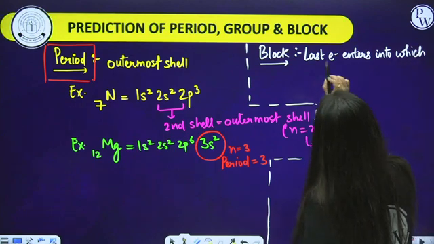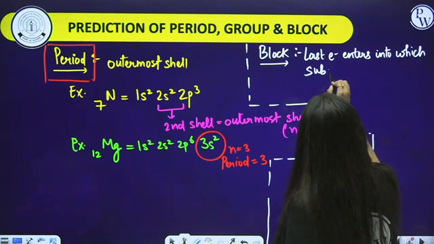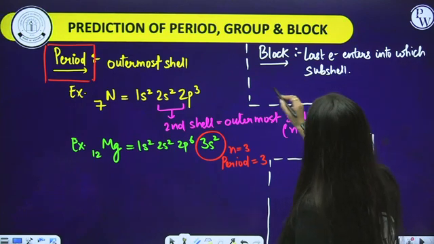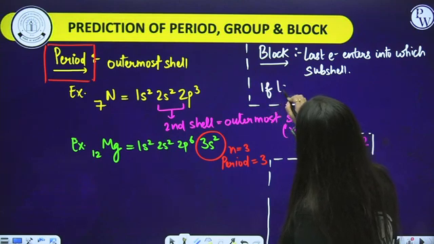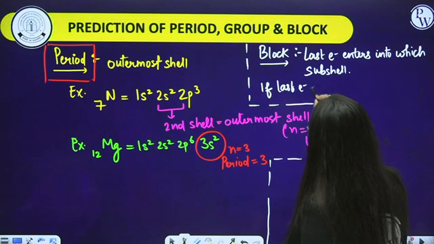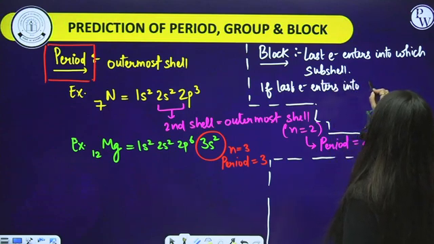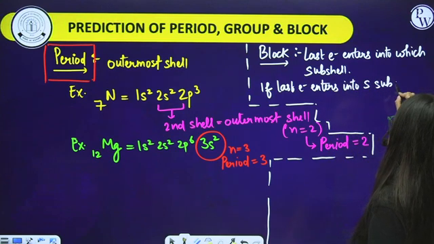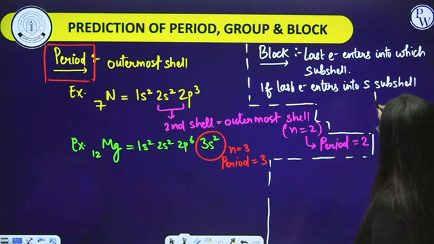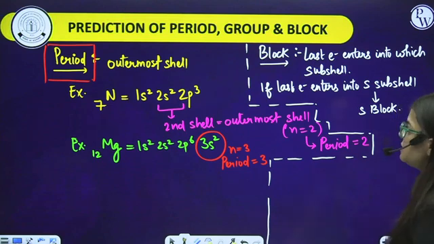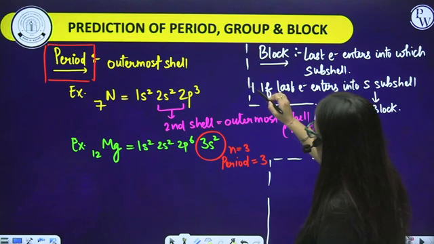That is basically the block. If last electron enters into S subshell, then it lies under S block. Quite easy, quite simple.